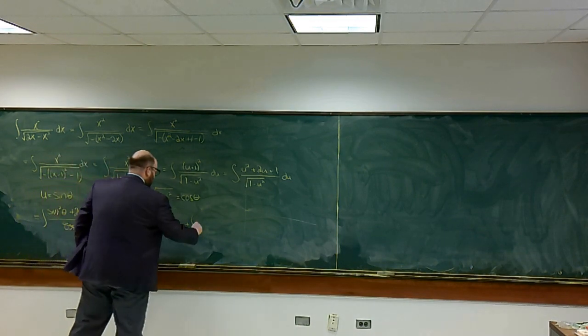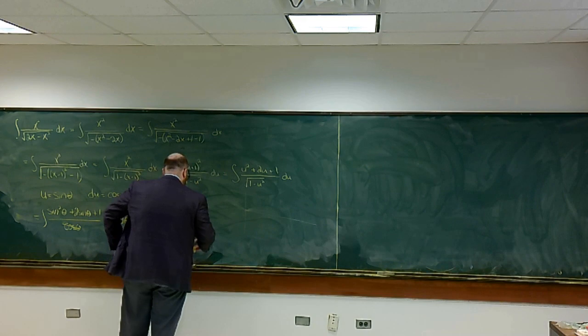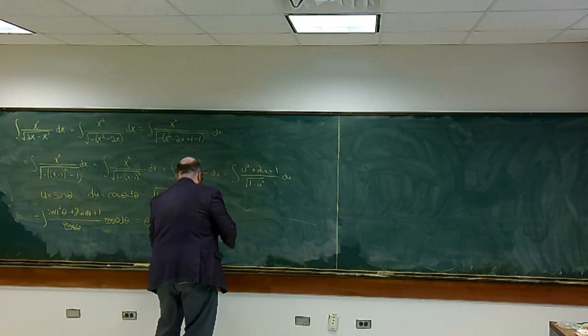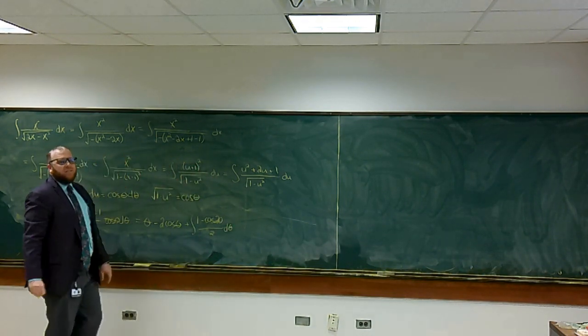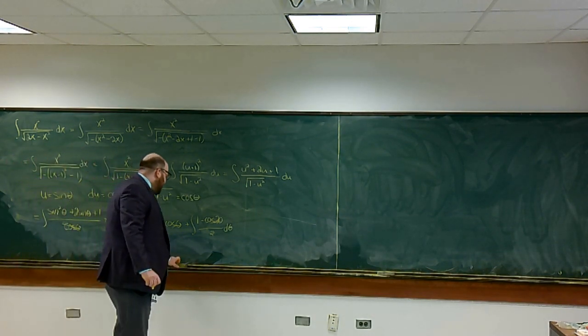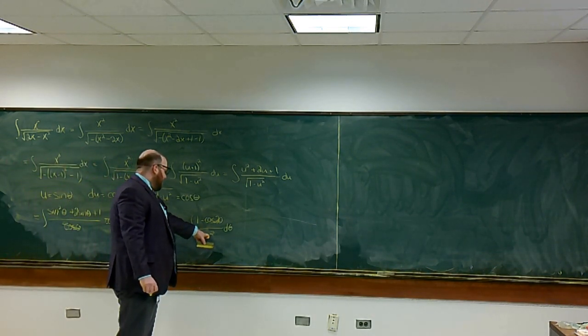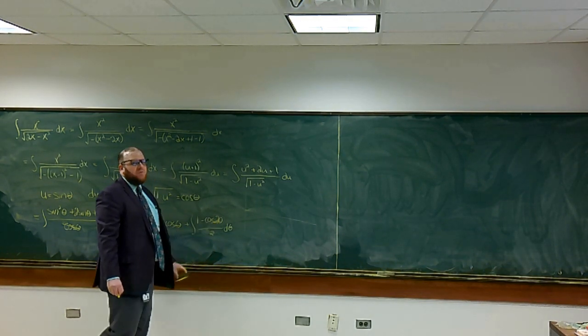Probably would have to use some form of substitution. Remember that reduction identity? Yeah. Which makes this antiderivative half of theta minus a quarter sine of 2 theta.